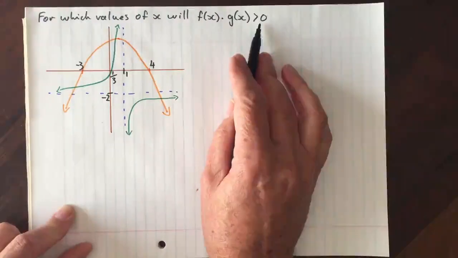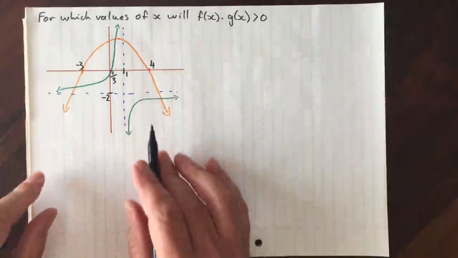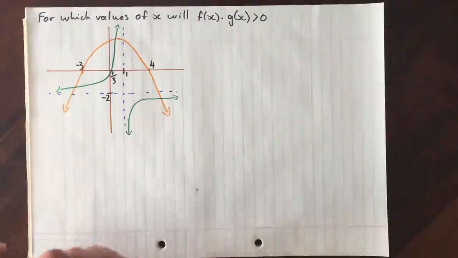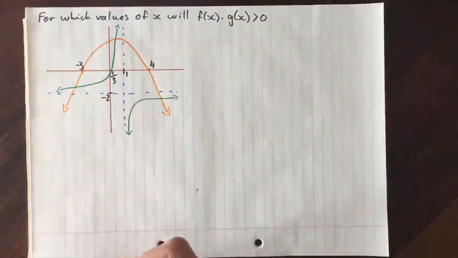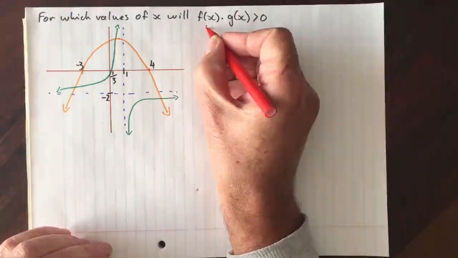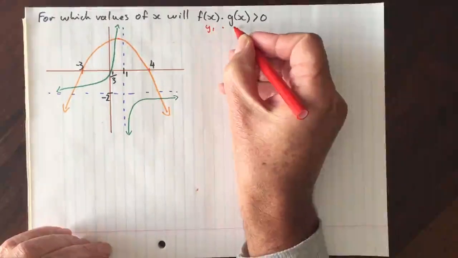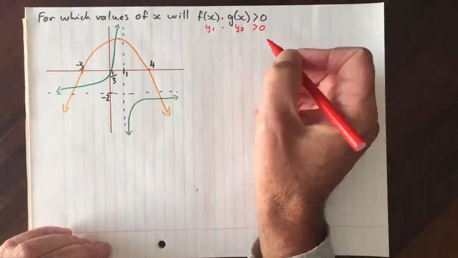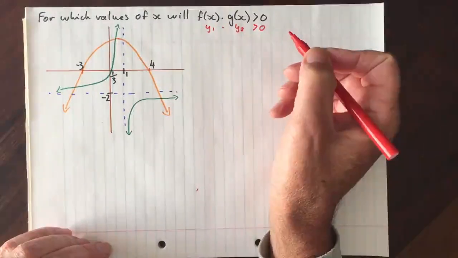Okay, this looks very intimidating with all these lines over here. But just remember that we're working with actual values and that is a y value times another y value, and we want to see where that value is positive, of course.